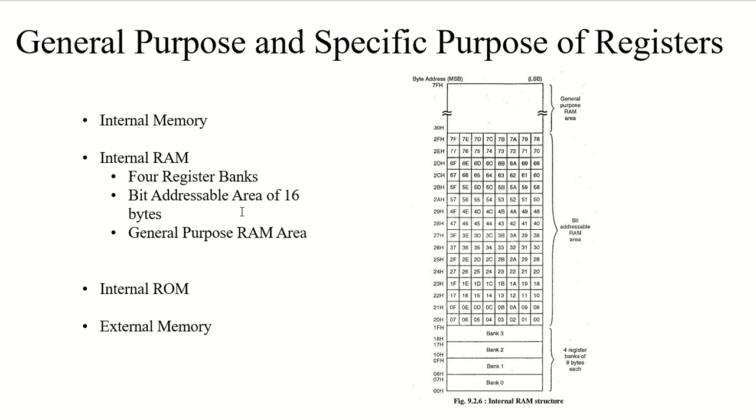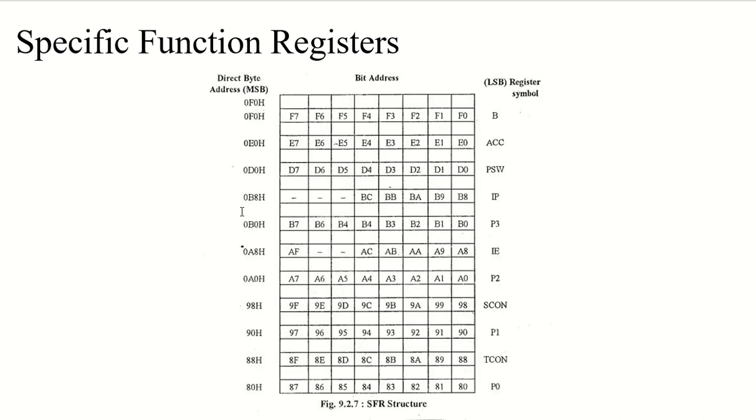Then we have the special function registers, which I want to discuss. As you can see here, these special function registers are placed in the address space immediately above the 128 bytes of RAM, from address 80H to FFH.